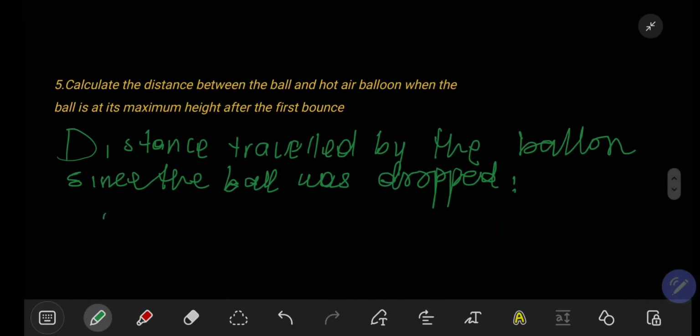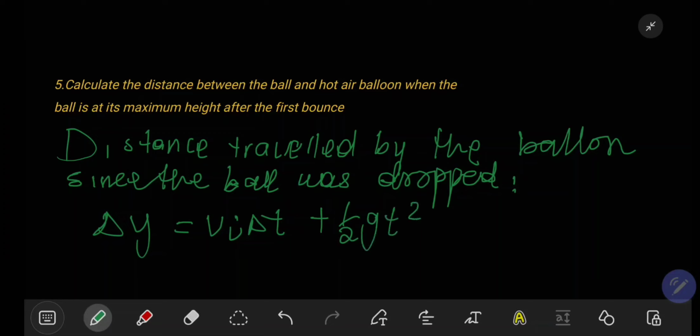So the displacement here will be equal to Vi t plus half g t squared. We know that the balloon was traveling at constant velocity. Since something has constant velocity, the acceleration of that object is 0, and the second term goes away.